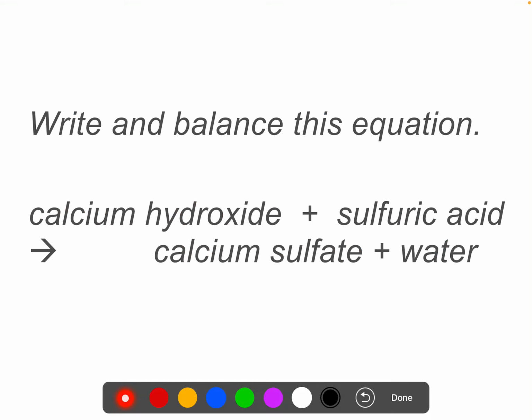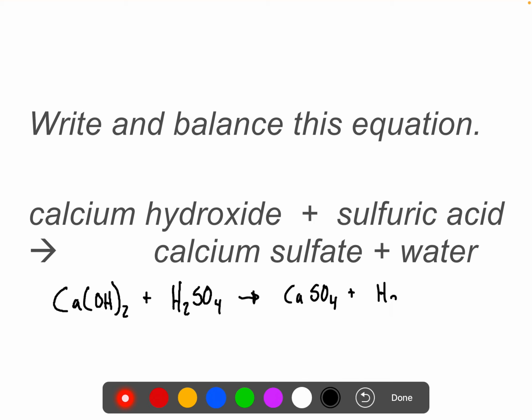Alright, calcium hydroxide. We've already had a little bit of that. Sulfuric acid, you have to know, and that's H2SO4, makes calcium sulfate and water. Okay, so start with the metals. Calcium is good. And look at the polyatomic ions.